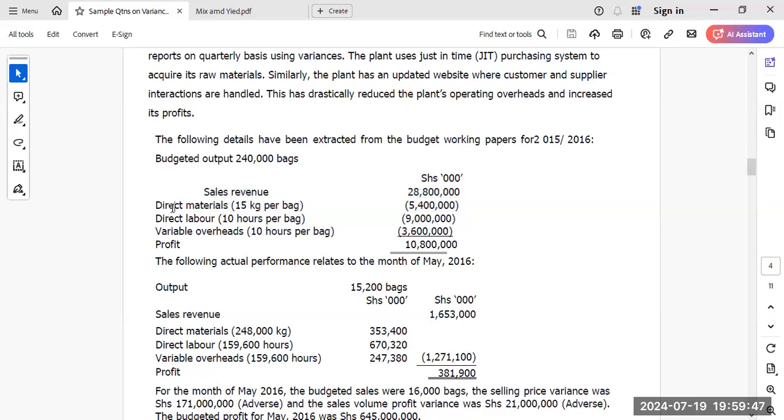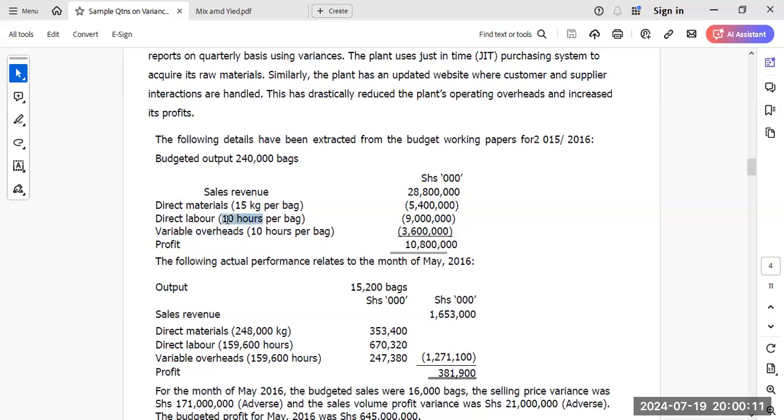They are telling you direct materials. On every bag you are to produce, you need 15 kgs. On every bag you are to produce, you need 10 hours as direct labor hours. Then on every bag you are to produce, you also need the 10 hours.